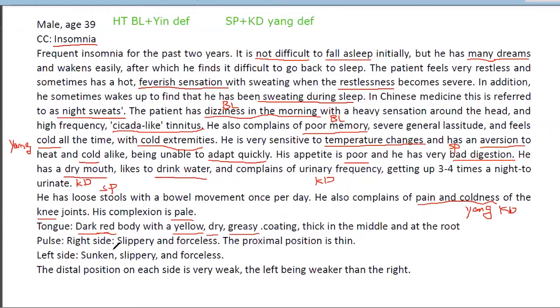Pulse, right side slippery, slippery pulse. So we can see from the tongue and the pulse, they also have some dampness in there. We are talking about yin yang deficiency here and the spleen yang deficiency here, so it must have some water retention.